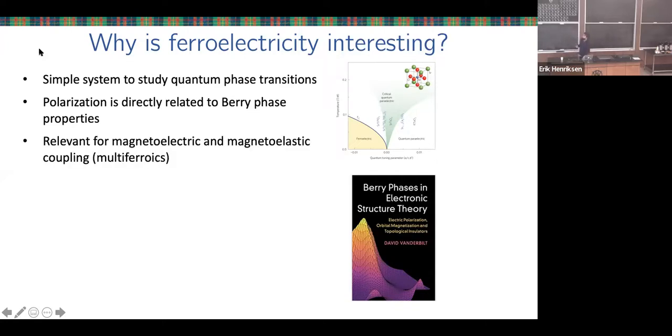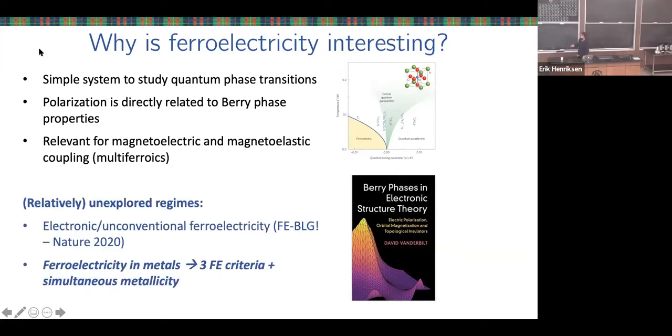Certainly relevant for being able to have magnetoelectric materials, where you can interchange spins and charge in a way, multiferroic materials. And nowadays, there's actually a lot of new stuff to discover and to understand about ferroelectricity. So for example, just last year, it was discovered that plain old Bernal bilayer graphene also displays ferroelectricity. So they're keeping surprises from graphene.